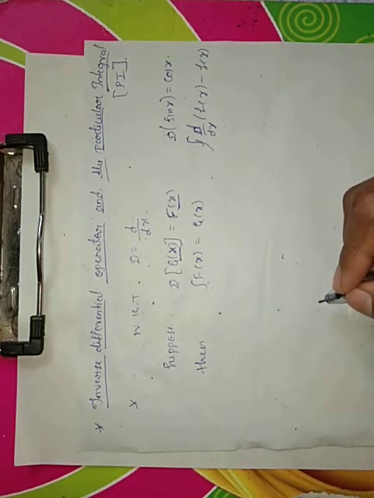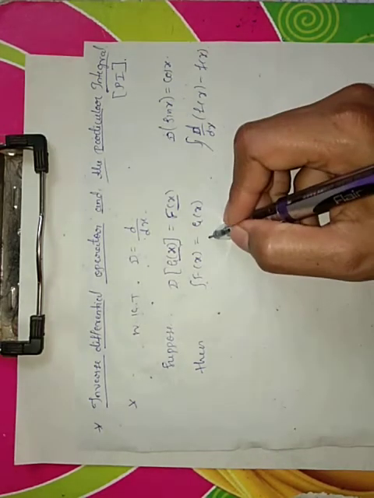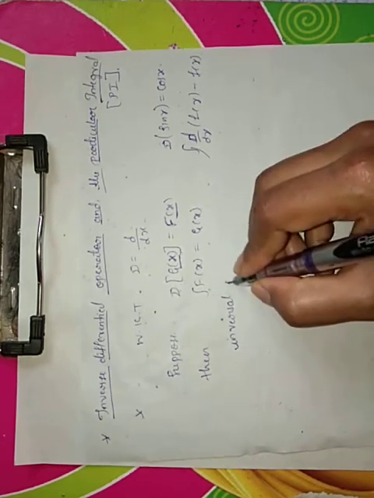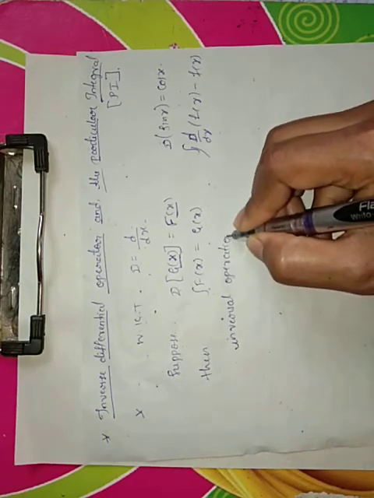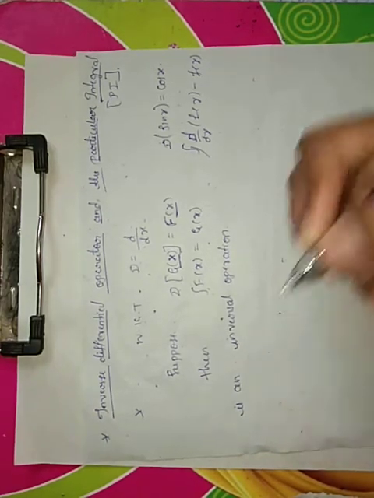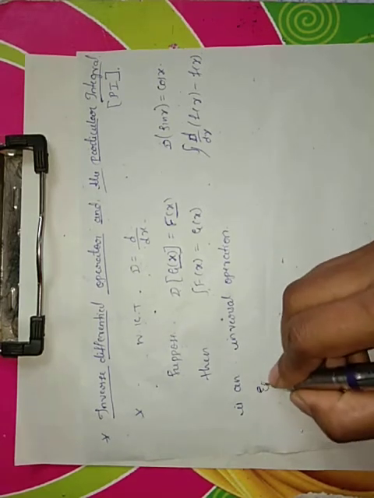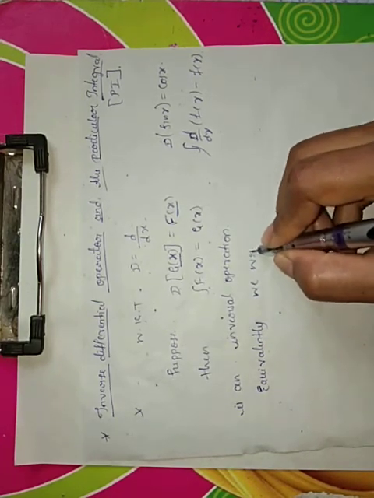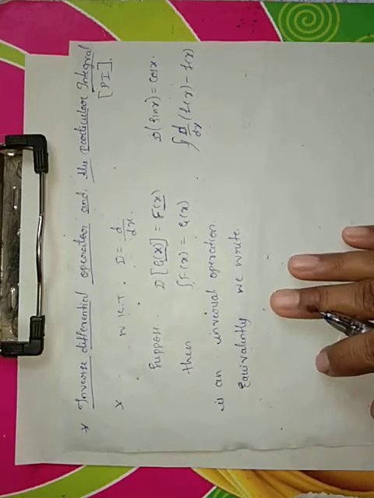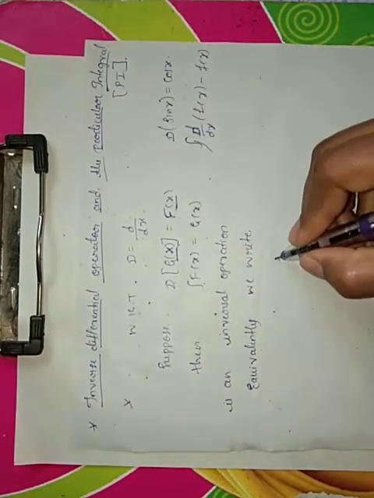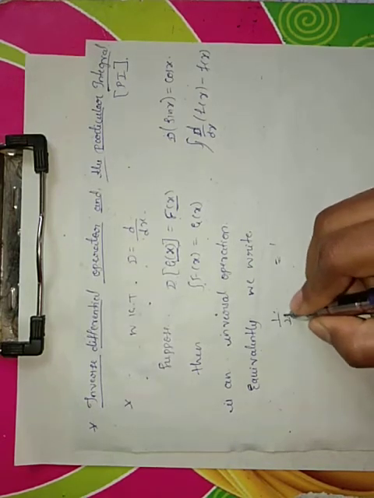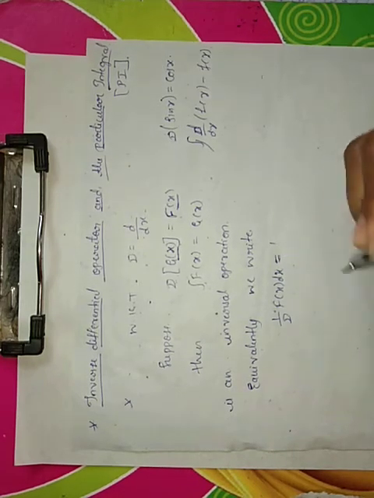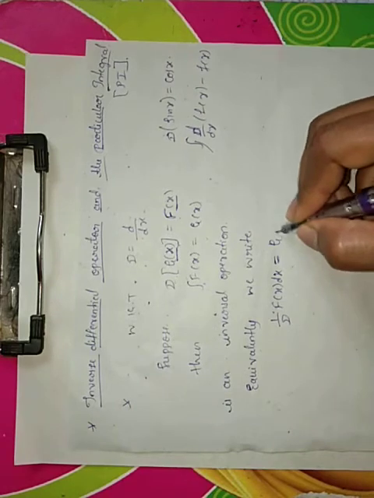This is called an inverse operation. Equivalently we can write it as, take a D onto the RHS side, 1 by D f of x is equal to g of x.